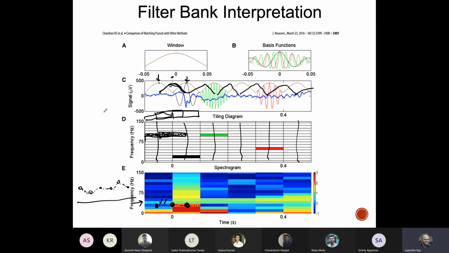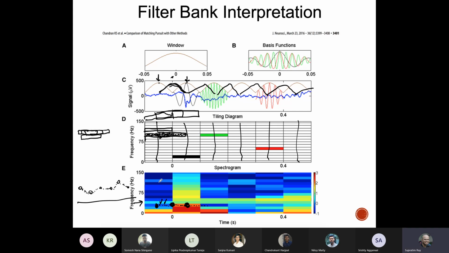So each tile here has an area of 1 and you cannot change that. You can have more tiles that are translated just a little bit, but that is not the same as having shorter tiles.